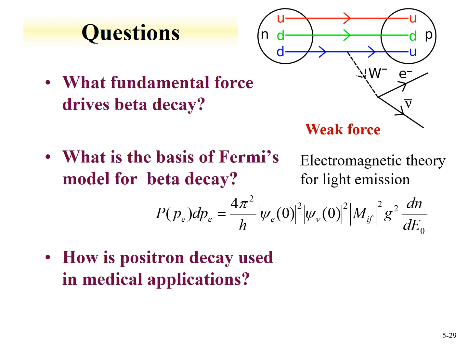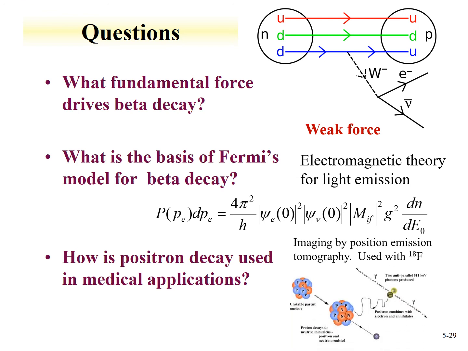A final question is some applications of beta decay. How is positron decay used in medical applications? Well, it's used in imaging by positron emission tomography. For example, fluorine-18 is used. When a positron is produced, it collides with an electron, which is matter, as the positron is antimatter, and it creates 2 gamma particles 180 degrees away from each other.